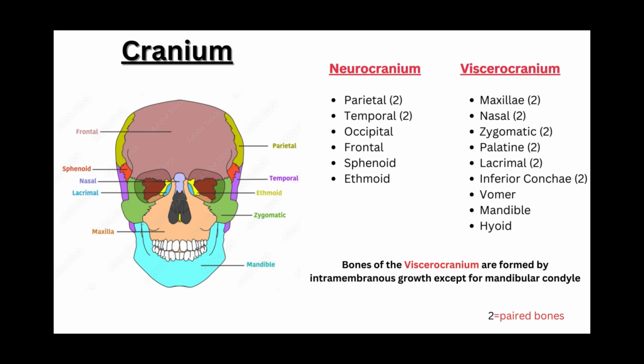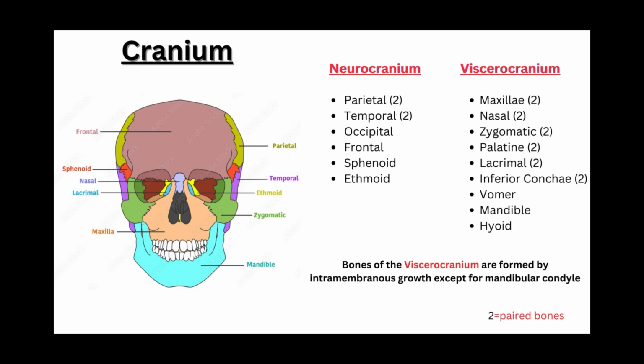And the interesting thing is that it has the proximal part of our cranial nerves and the vasculature of our brain. In adults, it is divided into almost 8 bones. How 8 bones? There are four singular bones: frontal, ethmoid, occipital, and sphenoidal. And the other two sets, the temporal and the parietal, are the paired ones.